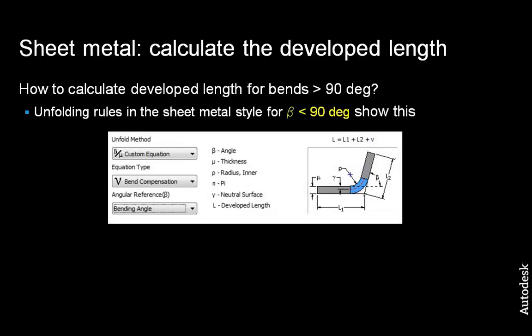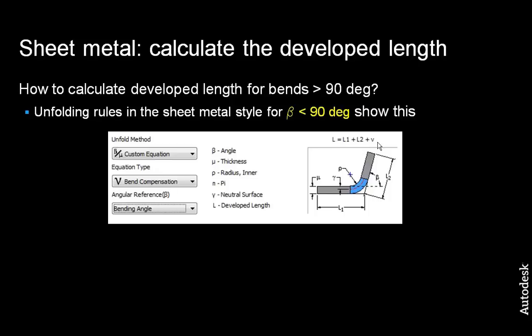The unfolding rules as we present them in the sheet metal styles are similar to this picture. So this is the bitmap you will see when you open the sheet metal style editor. The unfortunate thing about this image is that we show our bend angle beta for a situation smaller than 90 degrees. So we indicate where beta sits.